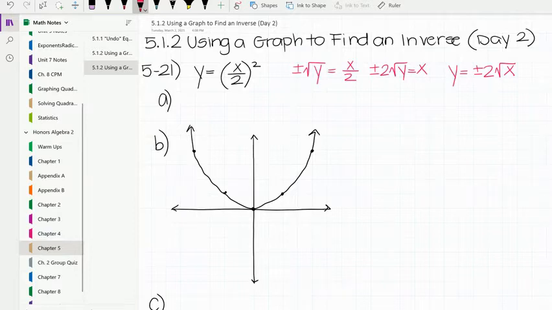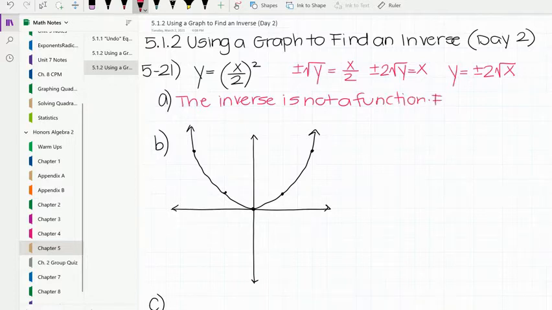With the plus or minus, we have both the positive and the negative square root, which means this would not be a function. It would not pass the vertical line test, and it has two different outputs for one input. So the inverse is not a function.